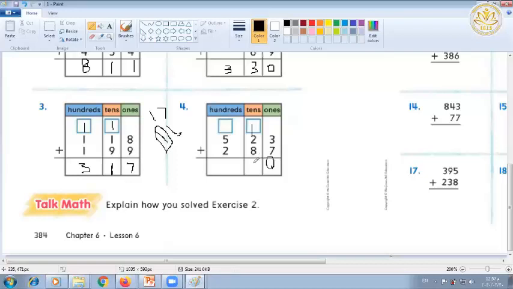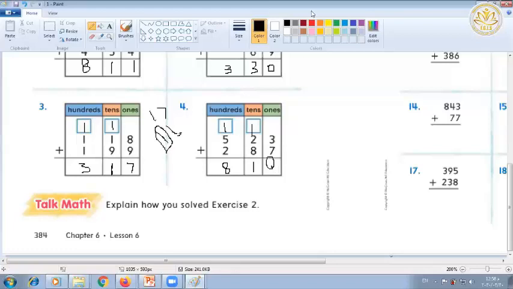Here the 11 tens means I have 1 ten and 10 tens. They make a 100. 100 plus 5 hundreds equals 6. 6 plus 2 equals 8.